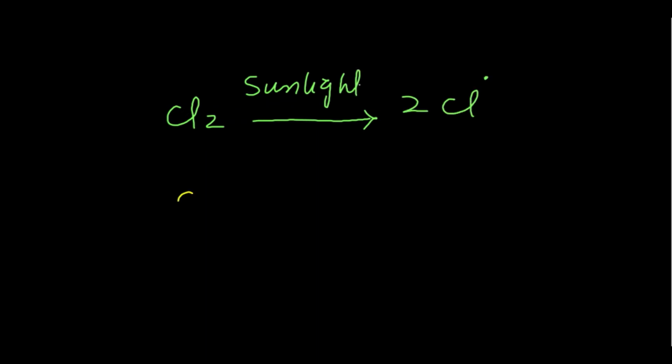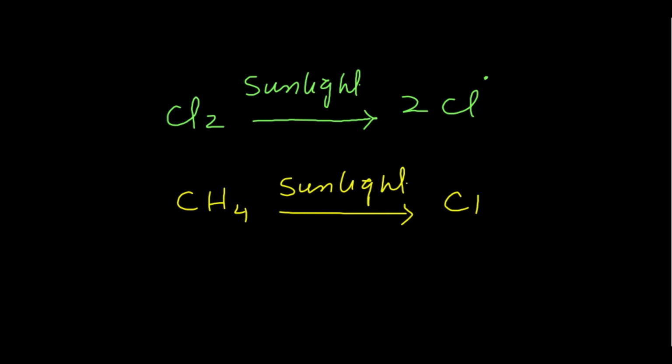Similarly, methane, CH4, in the presence of sunlight changes to a CH3 methyl free radical as well as a hydrogen free radical. I hope free radicals are clear to you.